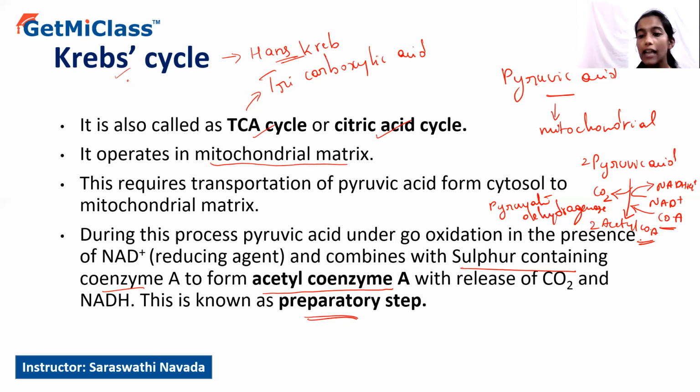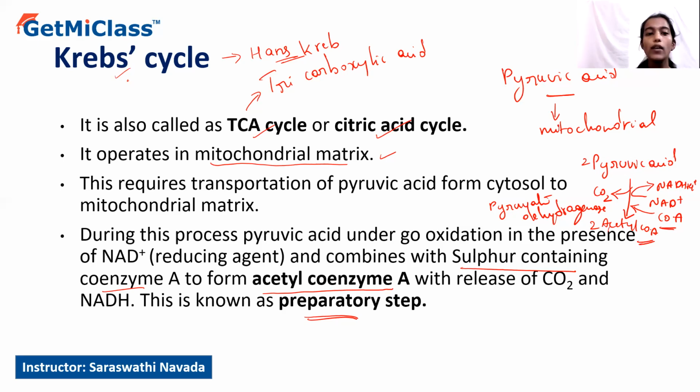This acetyl coenzyme A is permeable through the mitochondrial membrane, so from the cytosol it is transported into the mitochondrial matrix, where the further steps of the Krebs cycle proceed.